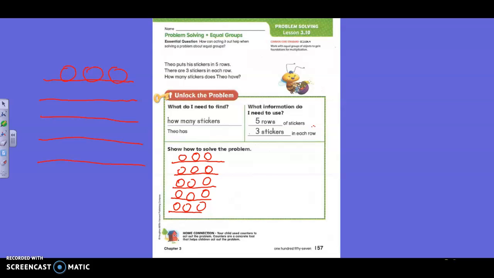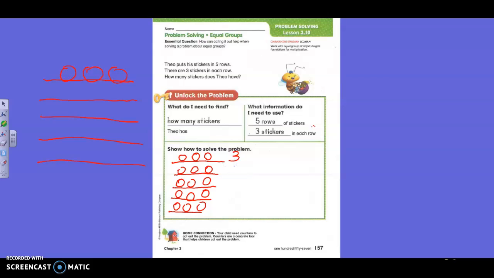Now, what can we do to count these? Do we have to just count by ones? What can we count by? Hudson? 3s. So we have 3 for the first row, right?